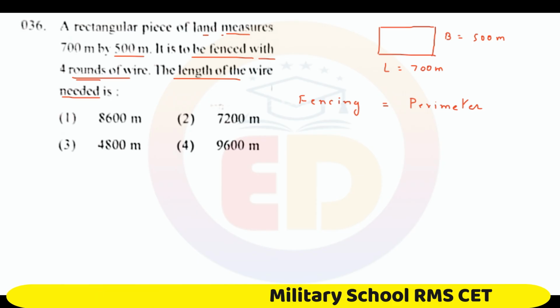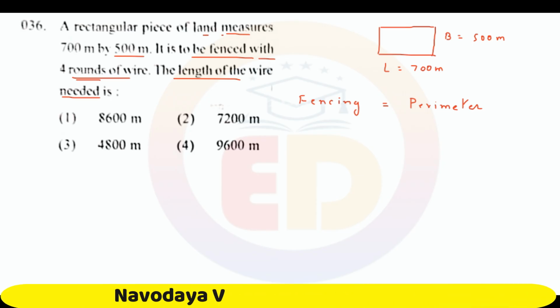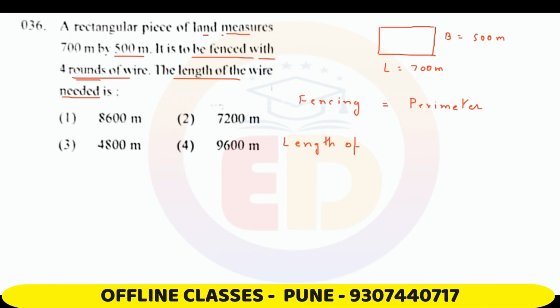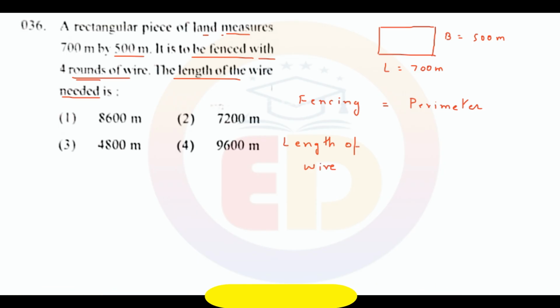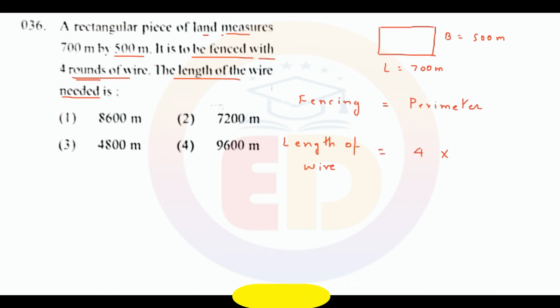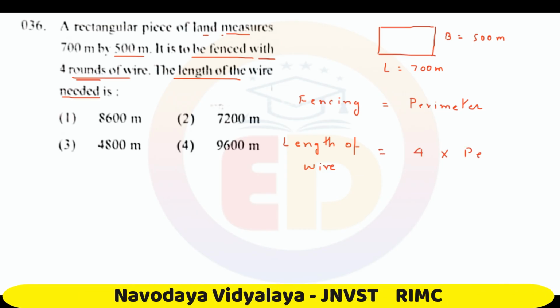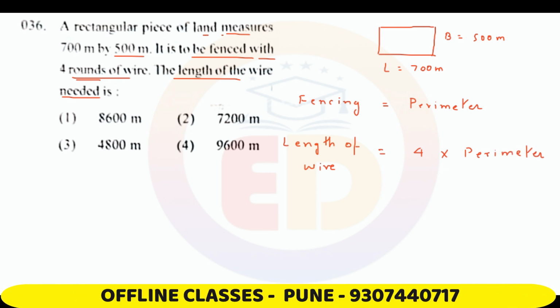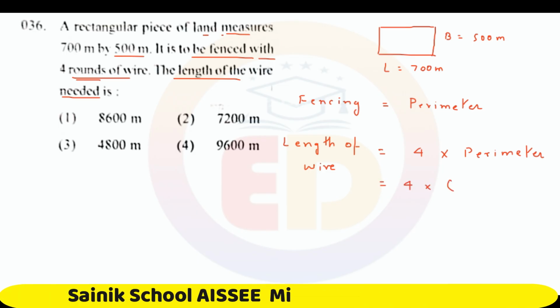Here the question is asking that they are fencing it 4 times. So for 4 rounds we have to multiply the perimeter by 4. So length of wire will be 4 times the perimeter, means 4 into perimeter. Now perimeter of rectangle we know is 2 multiplied by length plus breadth.